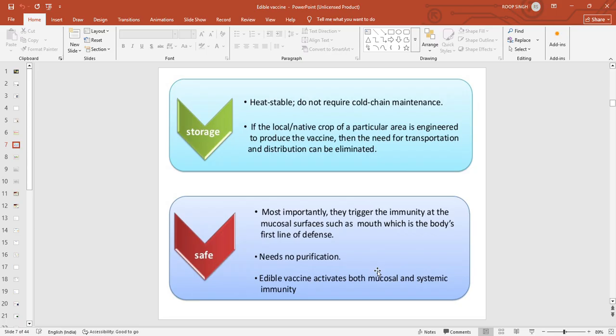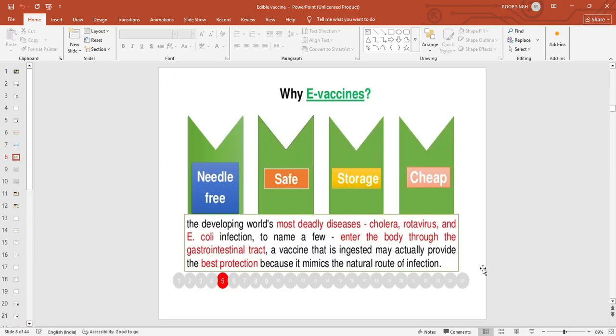The plant material will be consumed, and there is no need of purification, so that's why it is also cheap, because downstream processing is not required in the case of edible vaccine. Edible vaccine activates both mucosal and systemic immunity. So these are some of the advantages of using edible vaccine.